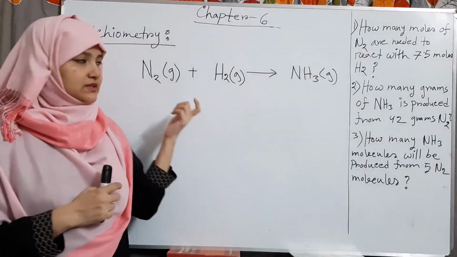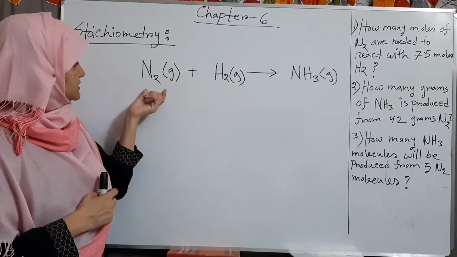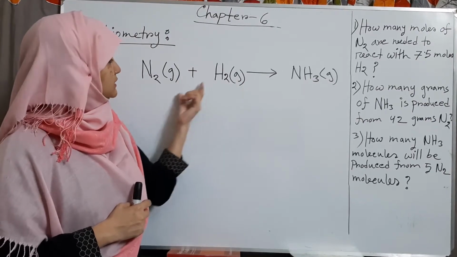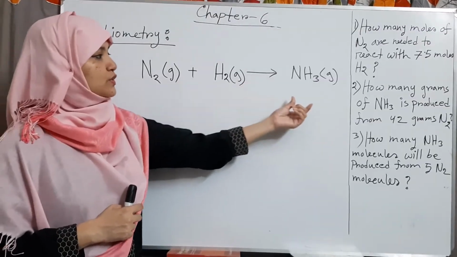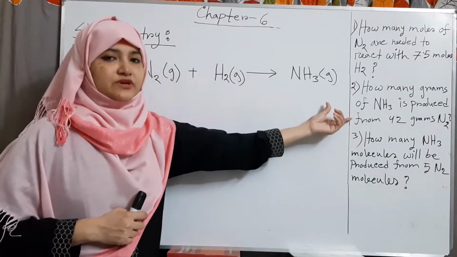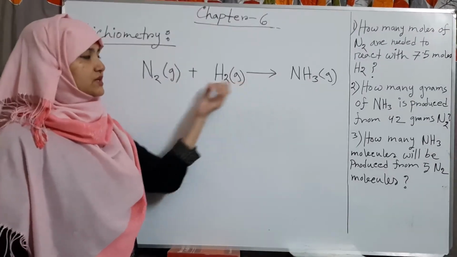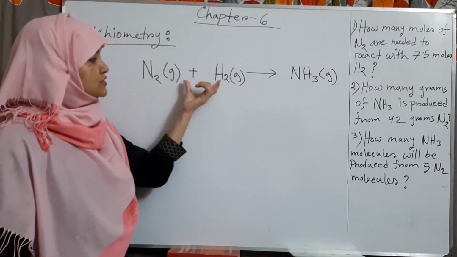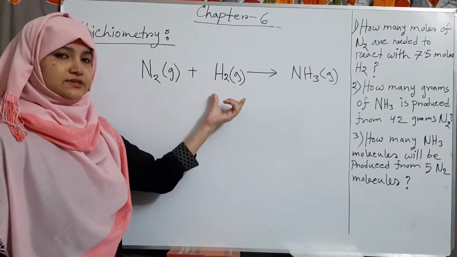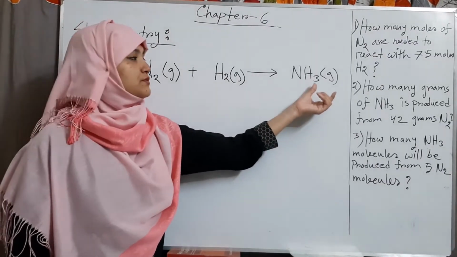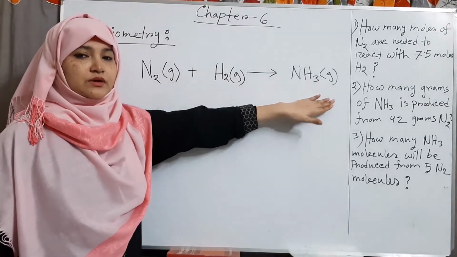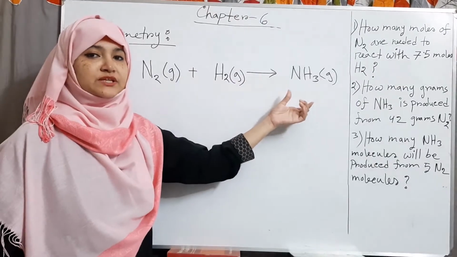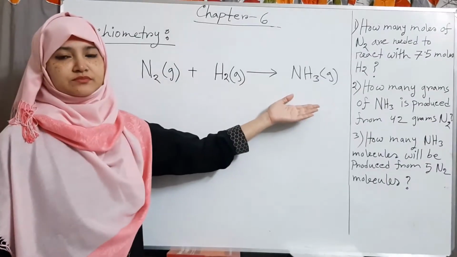In that case, the reactants combine on the left side to yield the product on the right side. And during the reaction, we know bonds are broken in the reactants and new bonds are formed in the products. But the number of atoms of each element remains the same.